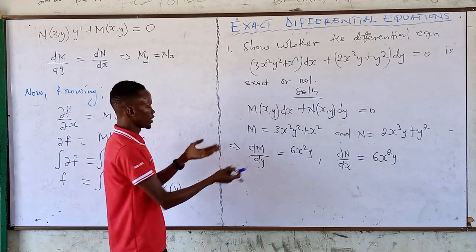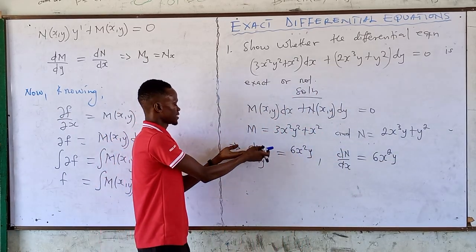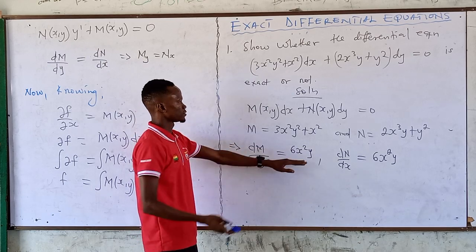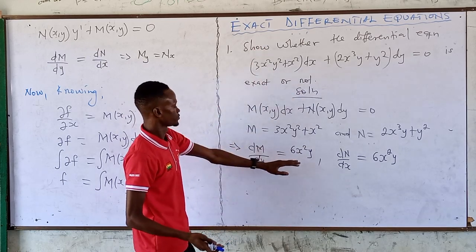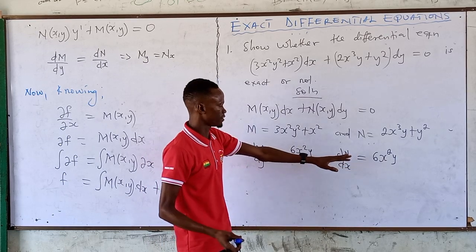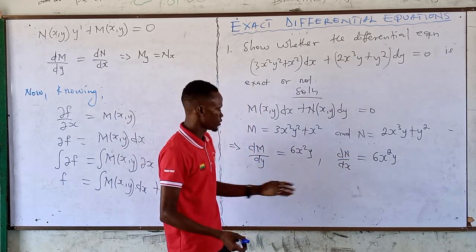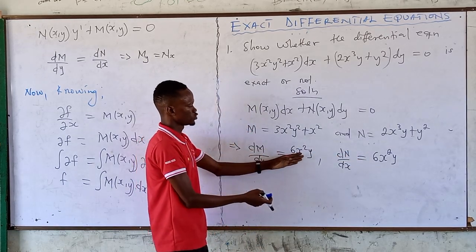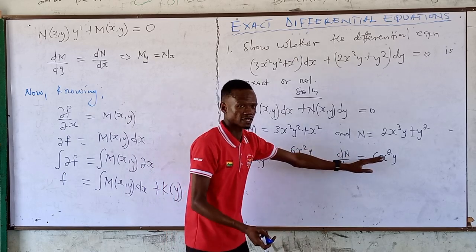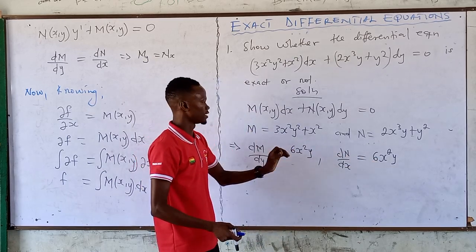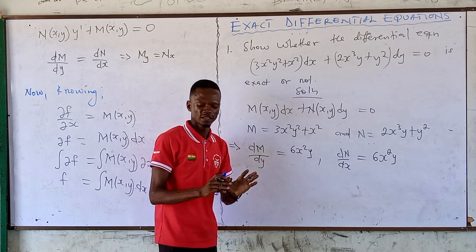Now, looking at this, the partial derivative of M with respect to y is equal to the partial derivative of N with respect to x. And that shows that the given differential equation is exact.